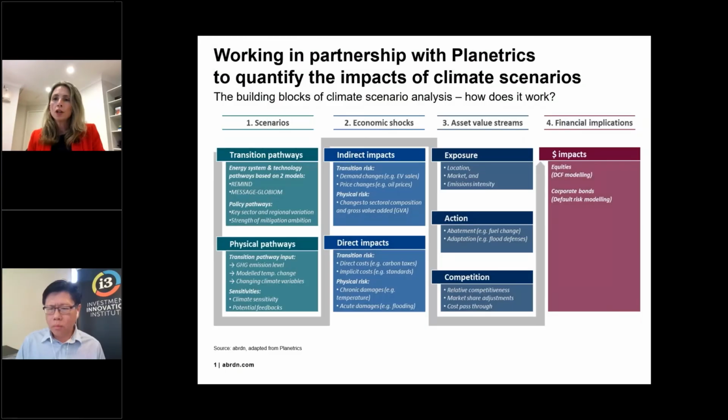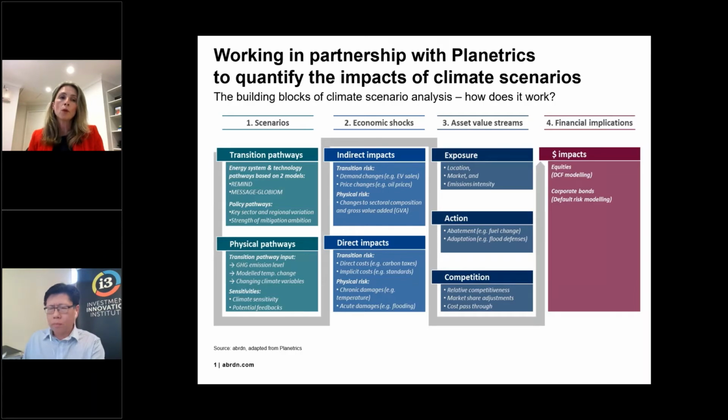Yeah, so in our assumptions, when we've created scenarios, if we go back to that building block slide, thanks Sophie, that would be quite helpful actually, the first slide that you brought up. So if we go back to this slide and the physical pathways, we've developed scenarios with assumptions around emission levels, temperature changes, the variation in climate, and how that impacts at the physical level.